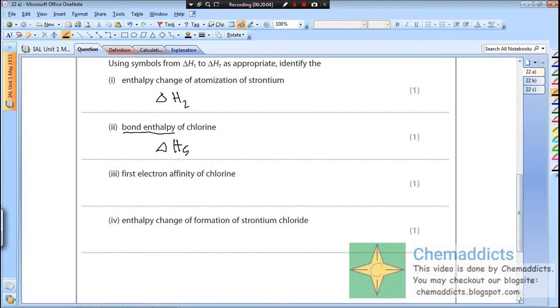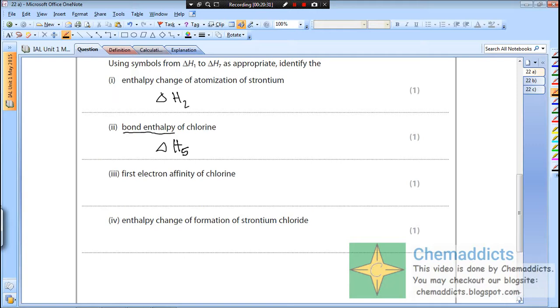So now the answer for 2 is del H5. Let me write it clearly. Del H5. Okay. Now moving on to 3, first electron affinity of chlorine.